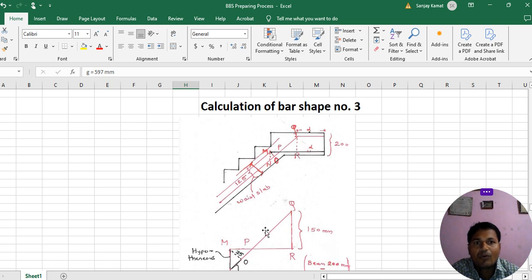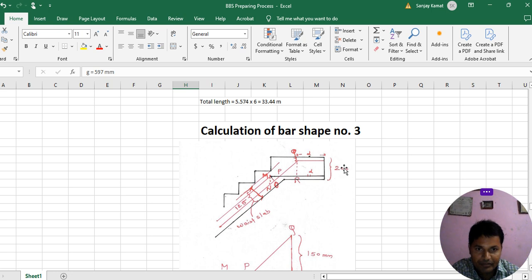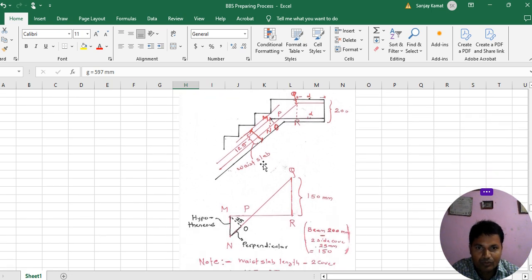Okay, now we are going to calculate for bar shape number 3, for this figure. As you can see, the waist slab is this much, and this is the width of the landing beam, which is 200 mm.